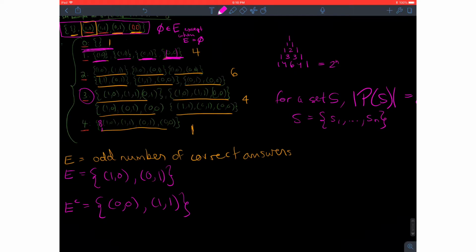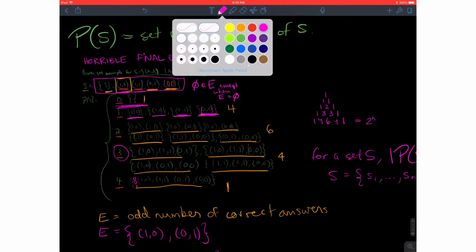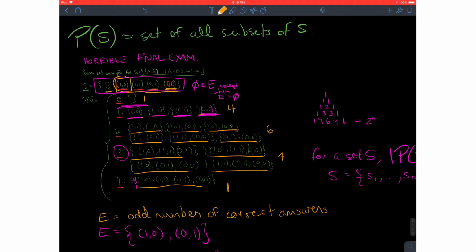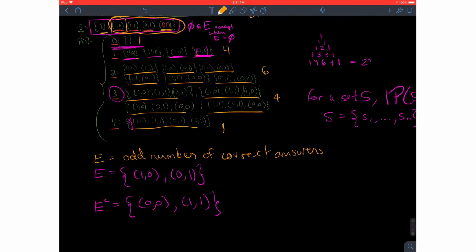Okay, there's 16, so that's 2 to the 4, because we have 4 elements here. 2 to the 4 is 2 times 2 to the 3, which is 4 times 2 to the 2, which is 8 times 2 to the 1, which is 16, which happens to be the quantity of elements in the power set.